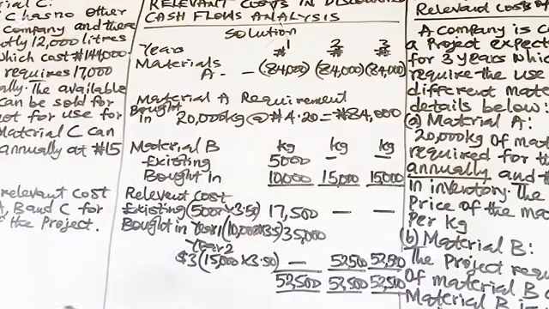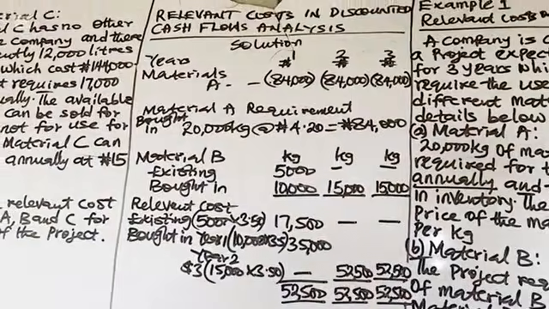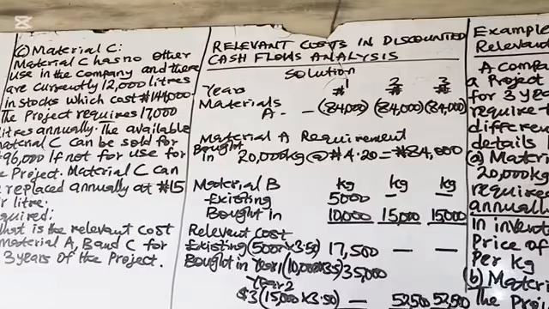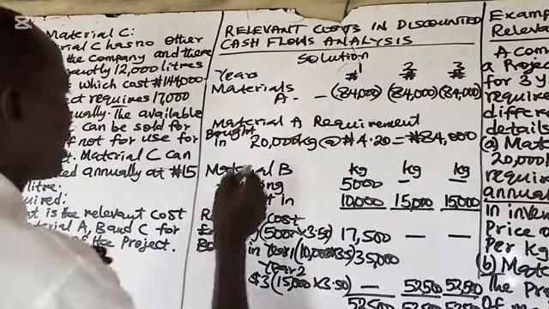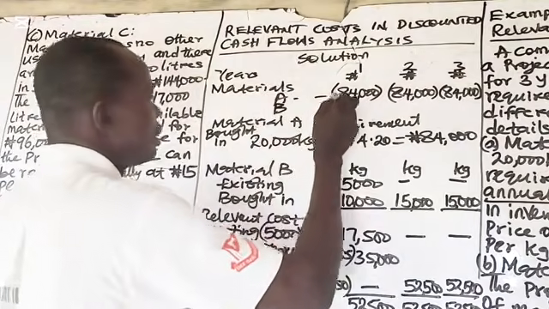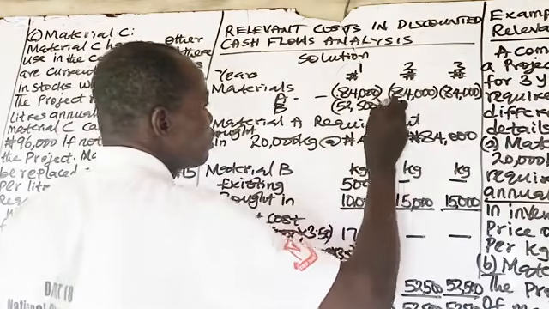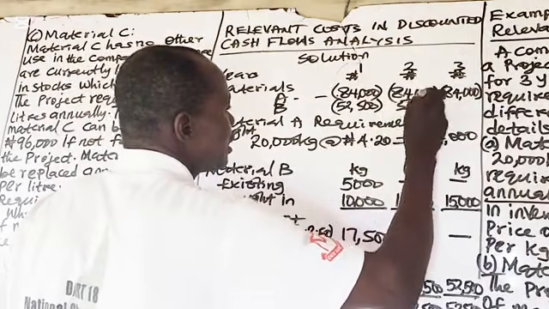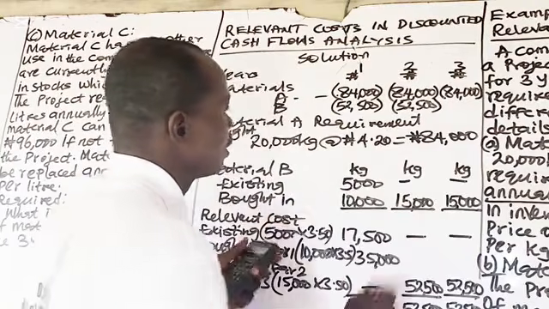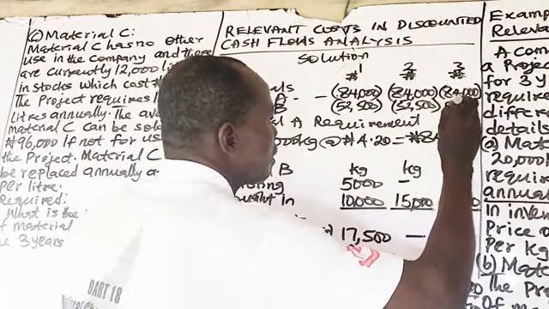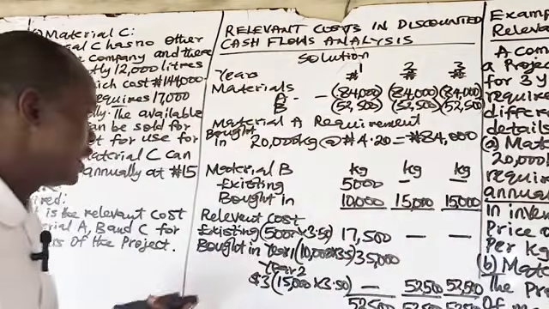So the relevant cost of material B is 52,500 in each of the years.